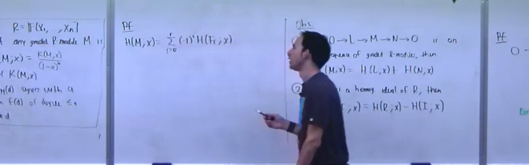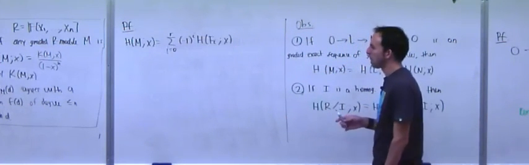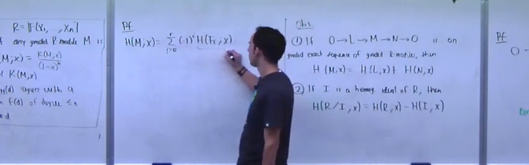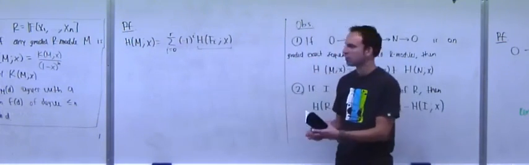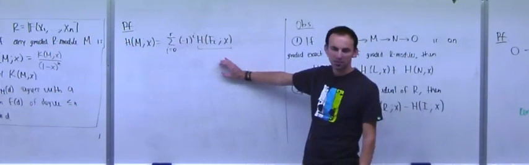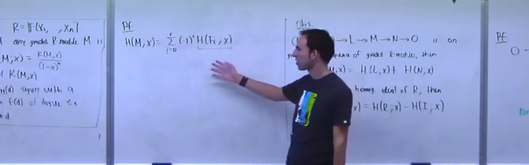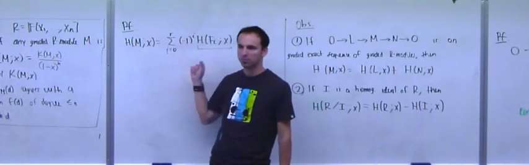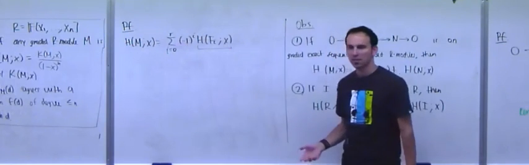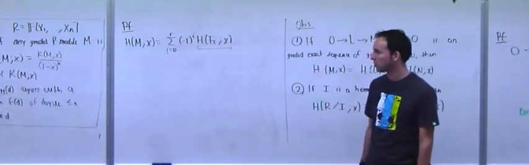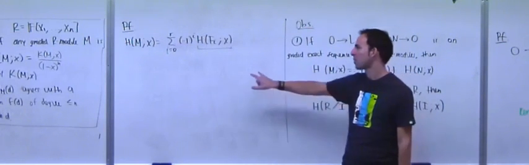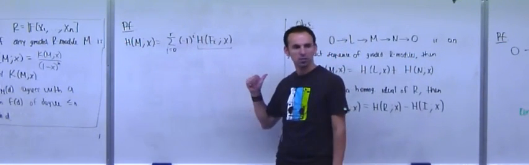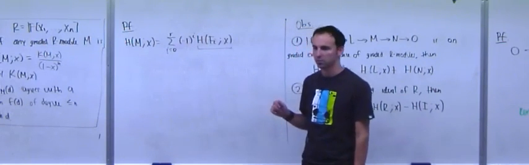And what this means is that if I can prove that all of these guys have the right form, if each one of these guys is a polynomial divided by 1 minus x to the n, then as an immediate consequence, this guy is going to be a polynomial divided by 1 minus x to the n, because it's a sum of things of that form. So this is the kind of thing that a resolution is good for, because this is a property that is very easy to establish for free modules, and it propagates along an exact sequence, and m inherits it by the exact sequence.